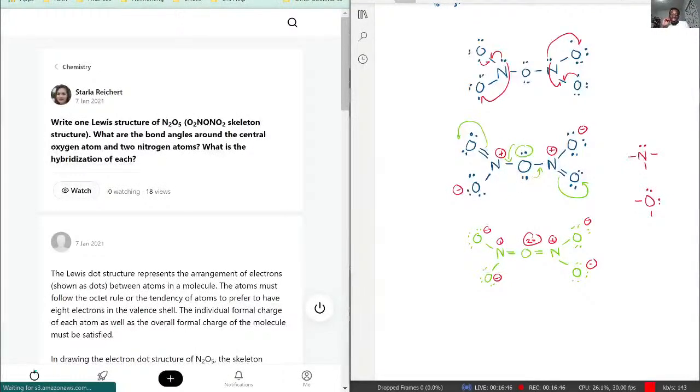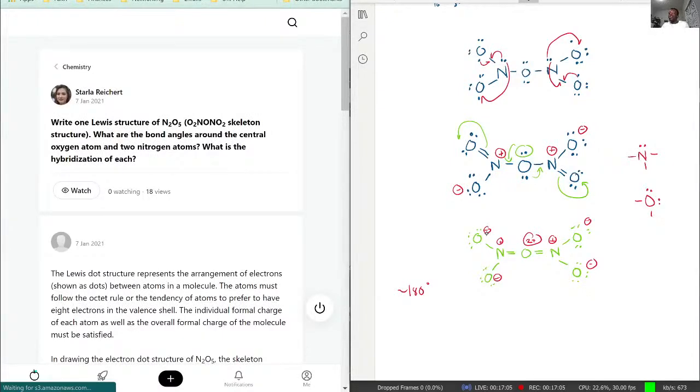What does that mean? It means that the angle around the oxygen atom could be pseudo or just around 180 degrees. Okay, and this ties into our hybridization, which we will get into, but that is a possibility right there.